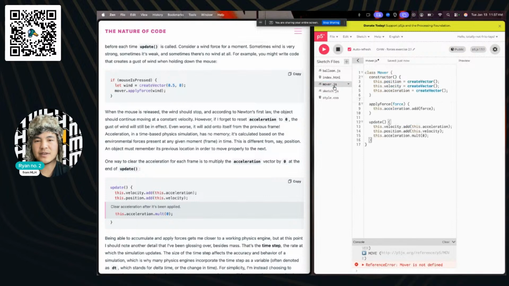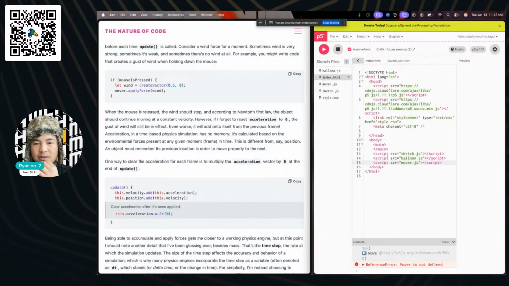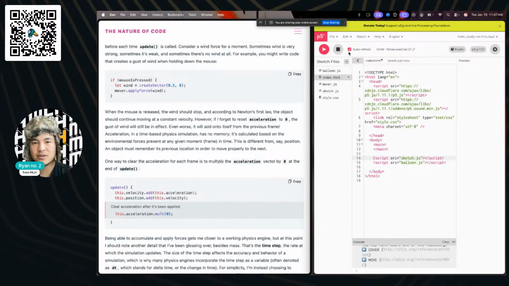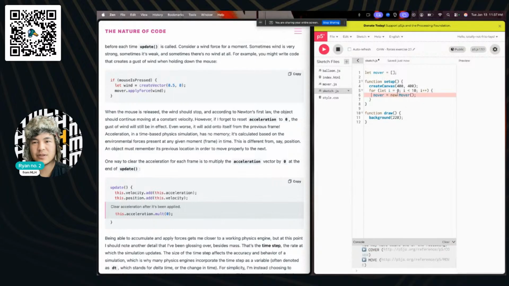Mover is not defined. It totally is. That's probably because we have mover lower here than we should. I'm going to stop this auto refreshing. Okay, so now if we run this, it is still having a problem.